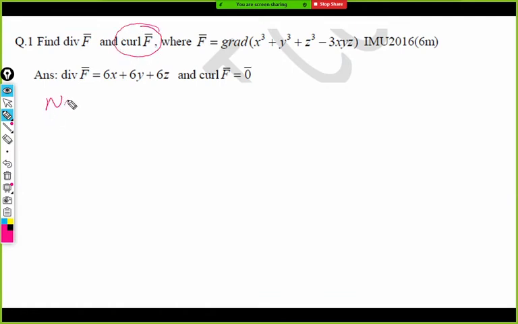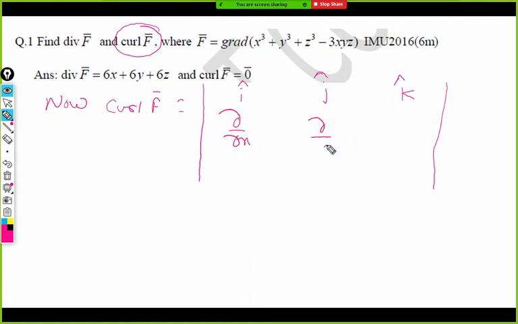So we say now curl f bar. Curl of vector f bar is a determinant. First row is always the unit vectors i, j, k for cross product. Second row is the components of del vector, that is del cross f bar. So del vector has the components dou by dou x, dou by dou y, and dou by dou z.